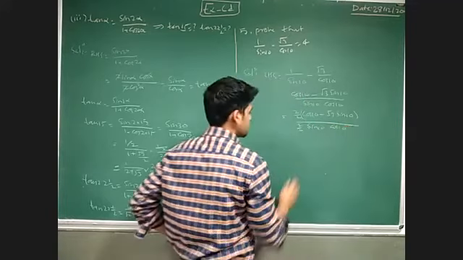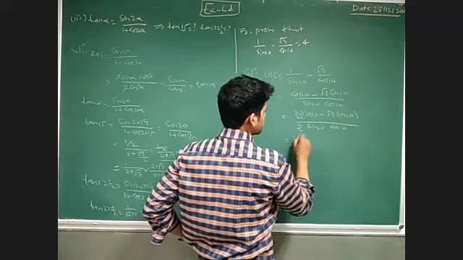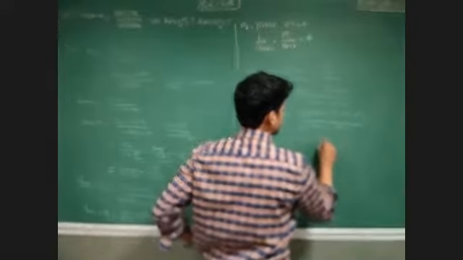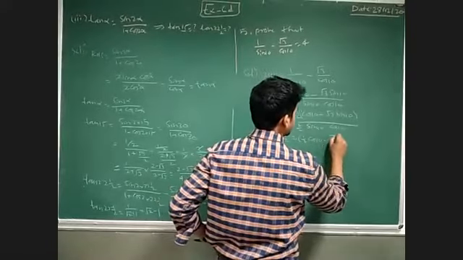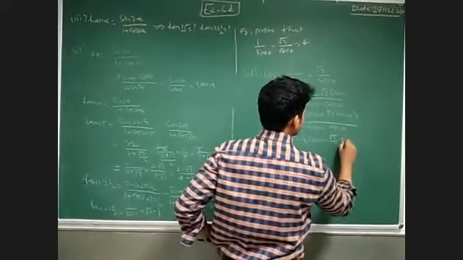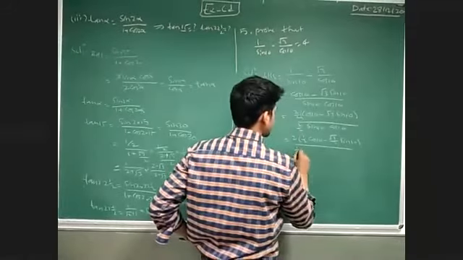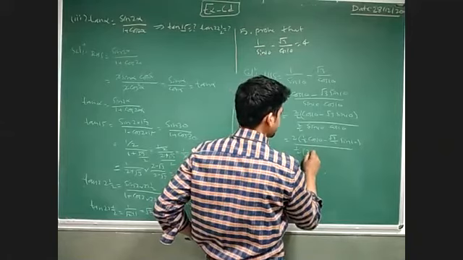Now 1 by 2 will multiply cos 10, and 1 by 2 will multiply with root 3 sin 10, and here 1 by 2 will be outside and 2 will be inside.